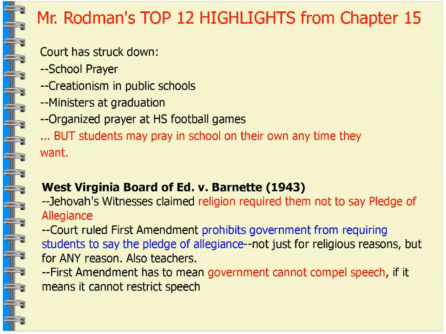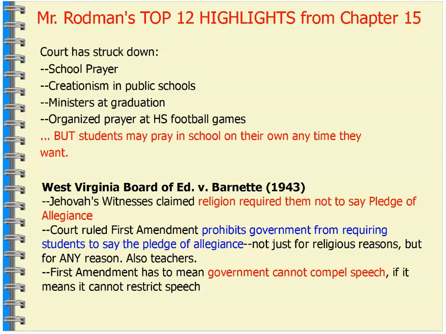Creationism in public schools, that being negated, again, Establishment Clause, concerns of showing one religion over another. We just talked about this case about ministers at graduation showing a preference in the establishment. We don't want that in Lee v. Weissman. And then also organized prayer at football games. Students may do it on their own time, but if it is before the football game as part of ceremonies, that would not be okay.